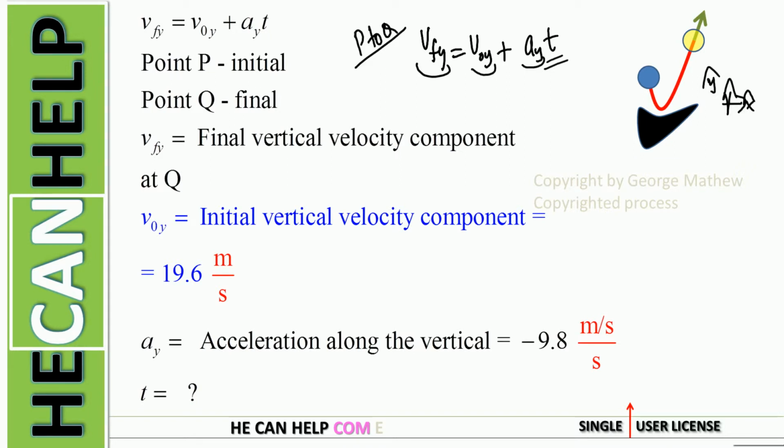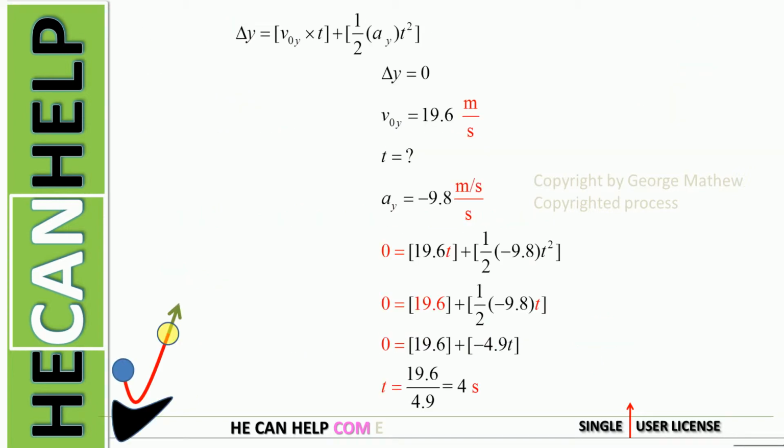We don't know what time is, but to get the time, we can use change in y is equal to 0 between points P and Q. What is the expression for change in y, the displacement along the vertical? V initial y times time plus 1/2 acceleration along the vertical times time squared.